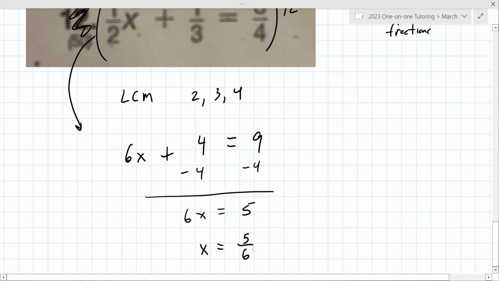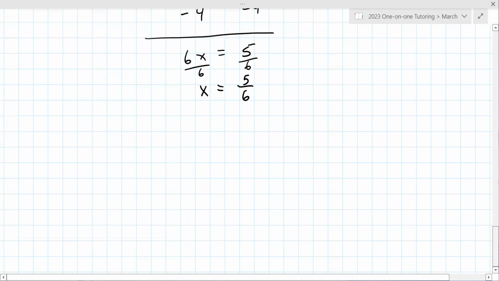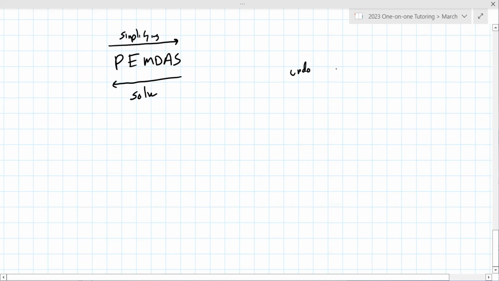I don't think I get it. Okay, let's try another one here. All right, so have you seen this thing right here, order of operations? Oh, wait. This is for simplifying. Okay. We're not simplifying, we're solving. So when you solve, you go backwards, which means you undo addition and subtraction before multiplication and division.